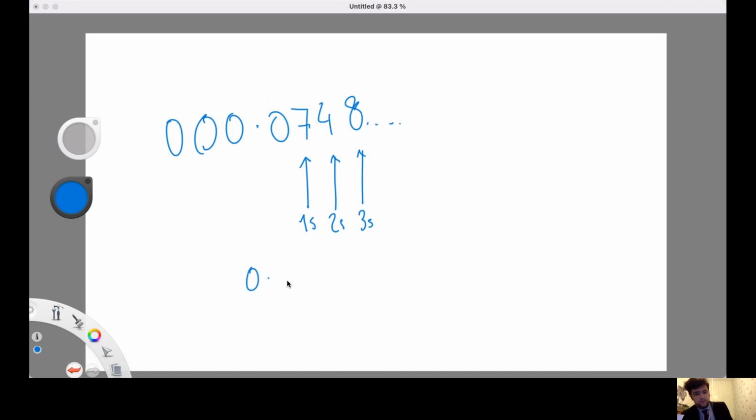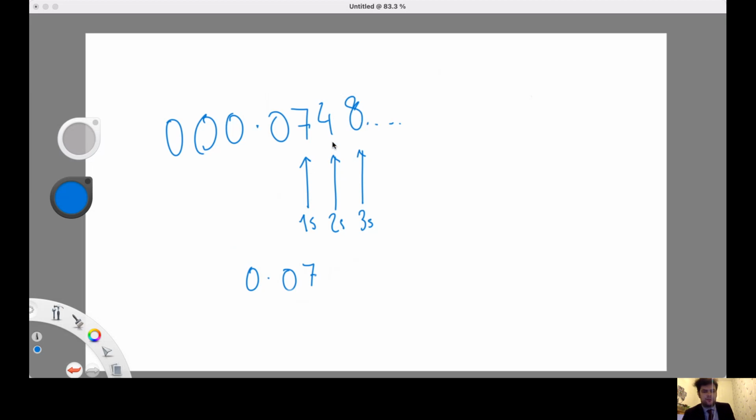So if we do one significant figure, it would be 0.07. Do we round up or down? Well, 4 is the lower end of the numbers, so we round down. So we could just say 0.07. What about 2 significant figures? Well, this is a bit different to what we've seen so far. 0.074. But what comes after it? 8.